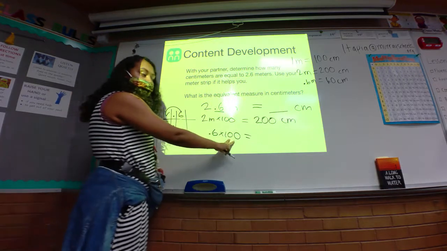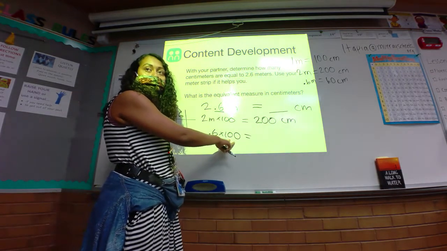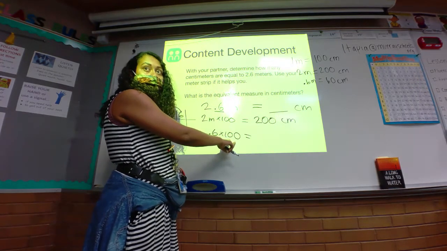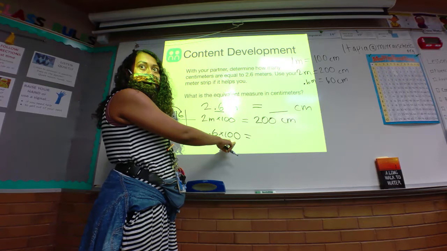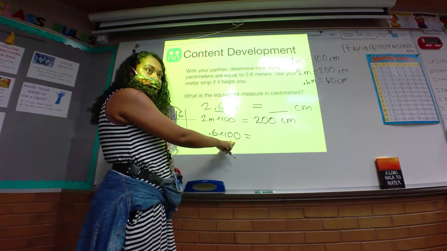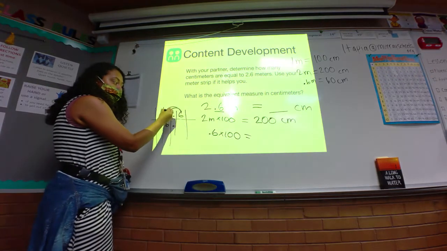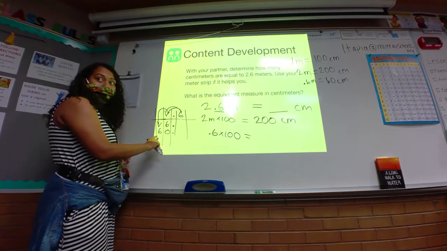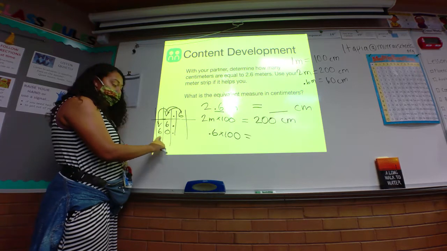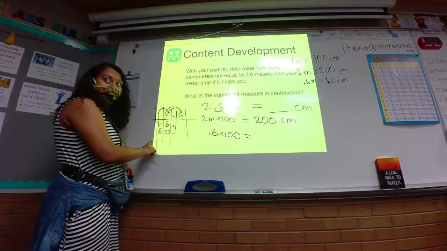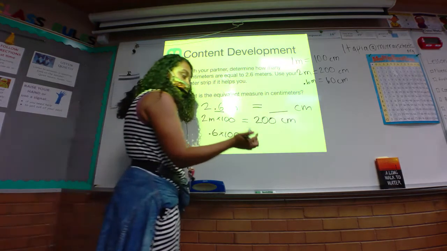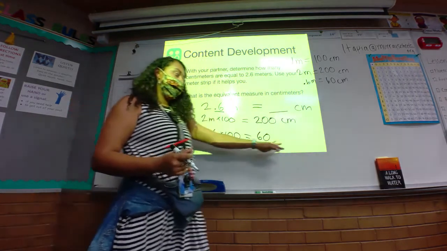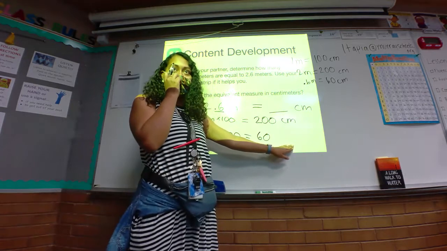Okay, so now 6 tenths times 100, Elian, Dylan, up here. That would give us how many powers of 10 in 100? 2. Thank you, Dylan. So that's how many shifts? There's 2 powers of 10. Thank you, Alejandro. There's 2 shifts. So 1, 2. So that's what you're thinking, Marley, right? That's what I saw on your whiteboard. So that gives us 60. And then what did we convert it to? What measurement unit?